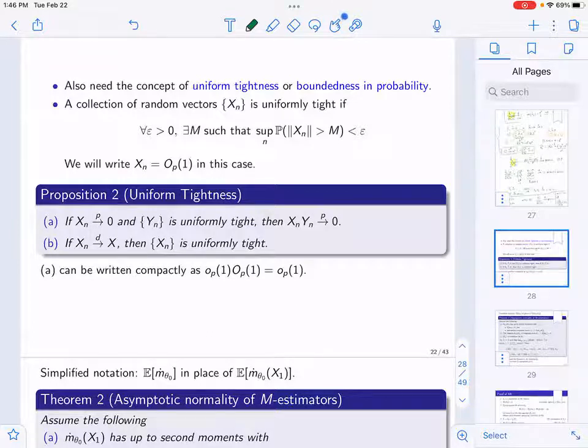There's another concept. We have convergence in probability, convergence in distribution. There's another notion which is equivalent to boundedness in analysis. We have a little OP of 1, and there's a big OP of 1 as well. Big O means something is bounded, as a sequence might not converge.